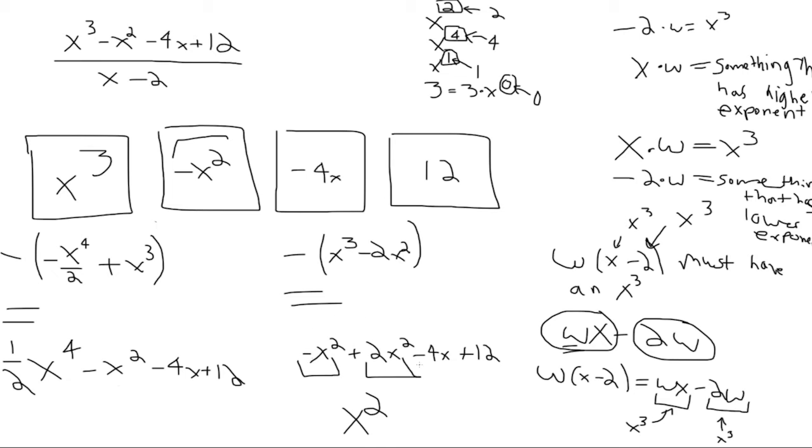But over here, I hope you see, if we multiply the higher exponent term by w to equal x cubed, the extra term that we produce is going to be able to combine with one of these terms over here. And that doesn't make our job any harder. So in this case, the negative 2x squared was able to combine with the minus x squared.